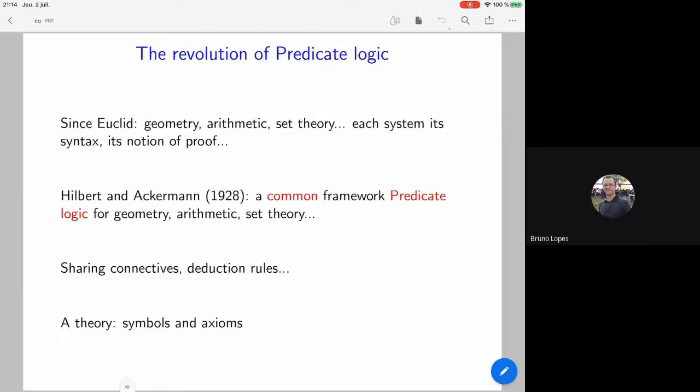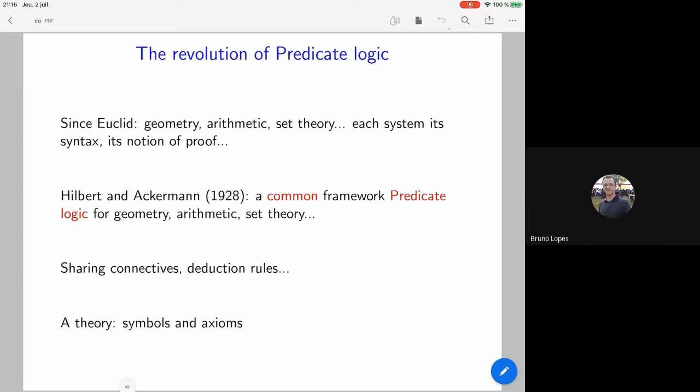Each of these systems had its own syntax, its own notion of proof, and nothing was shared between geometry and arithmetic. And after 50 years of research, because the first attempt at predicate logic was the Begriffsschrift, 50 years before 1928, Hilbert and Ackermann came with this logical framework. It was really a lingua franca in which many theories could be expressed.